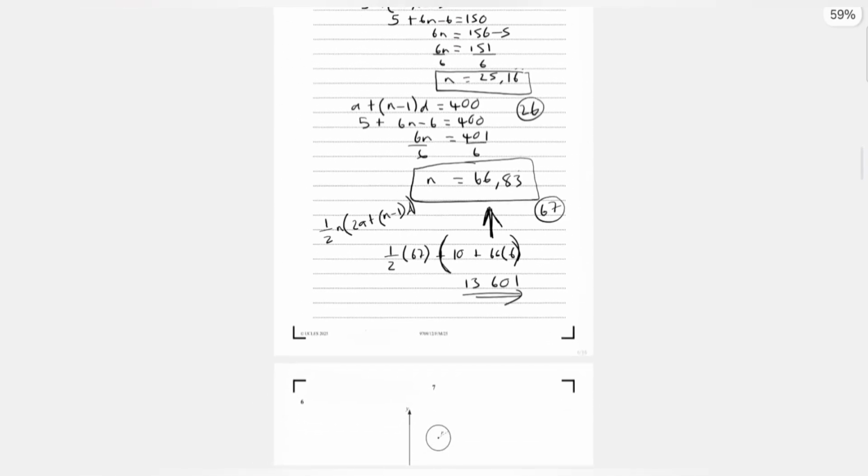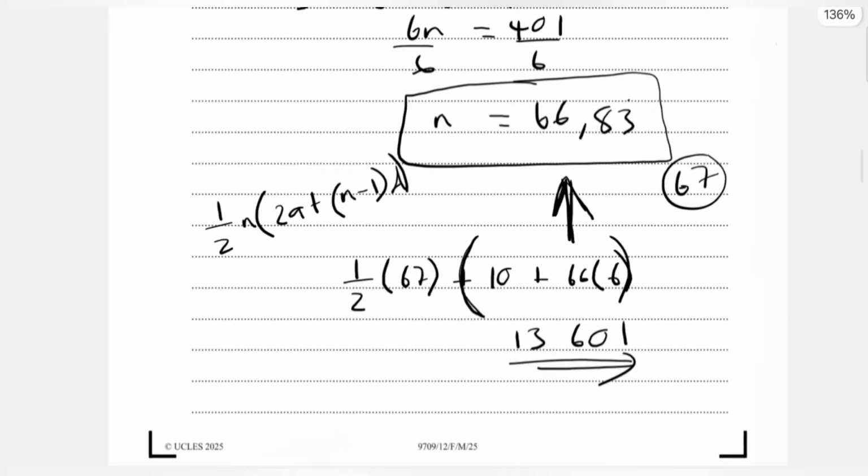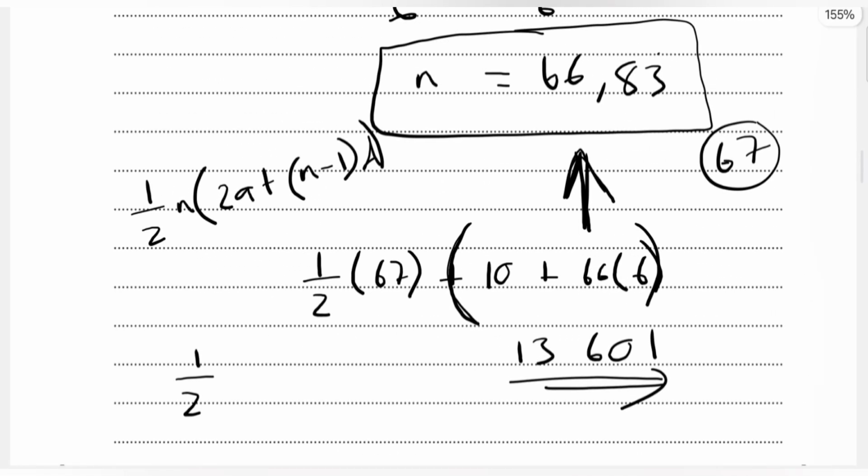And the sum of the first 26, that will be our half. We now have 26 terms. Then our 2a, that's 10 plus 26 minus 1, 25 times our d, which is 6.